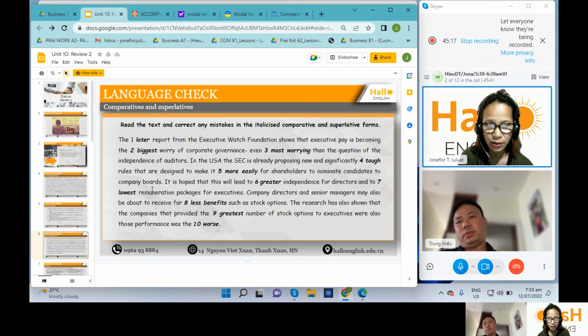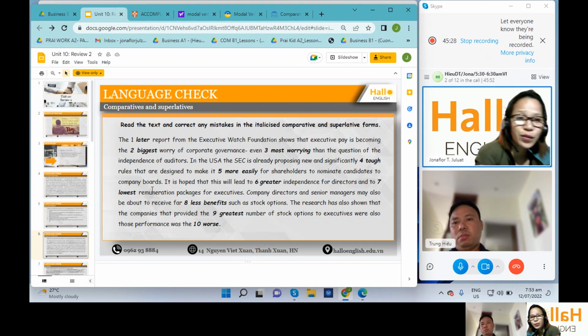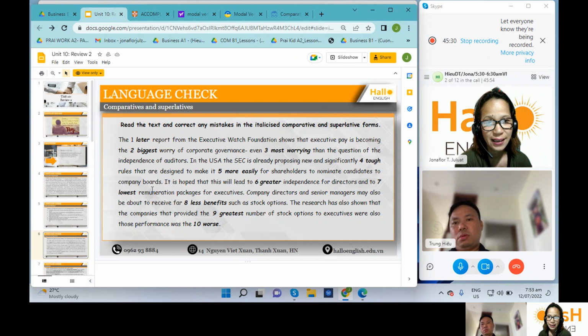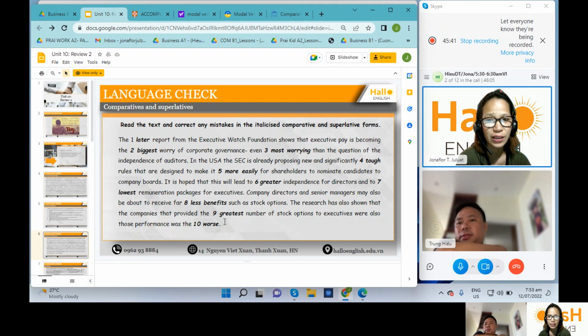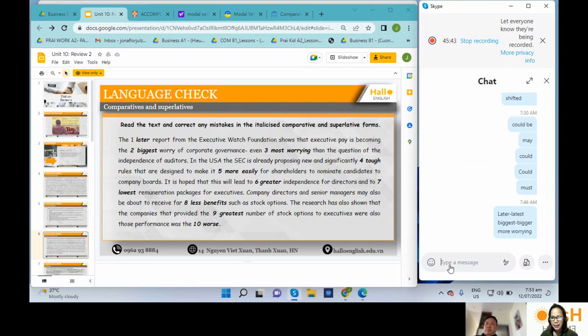Okay, greatest. Is it correct? Yeah. Okay, now worse will become... what's the superlative form of the word worse? Worst, right? You will omit the E and change this into the letter T. Yes, worse will become worst.